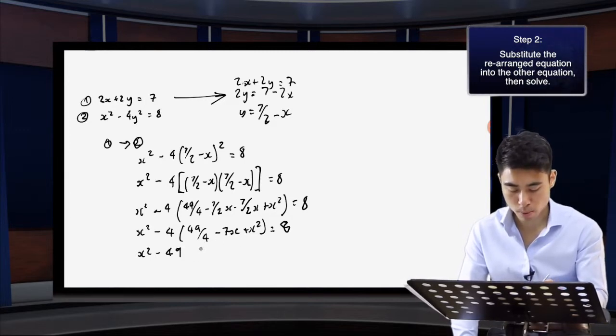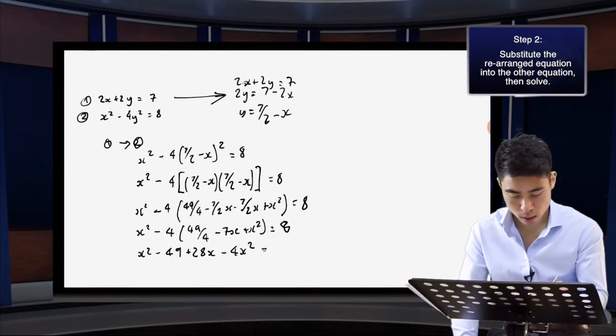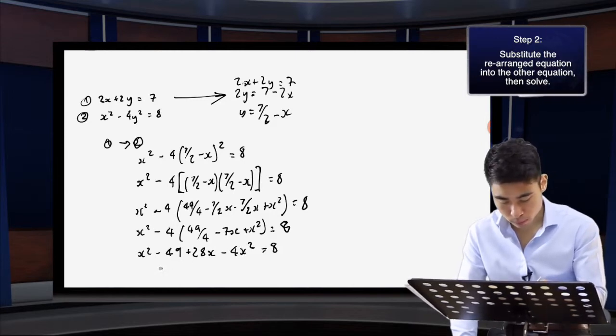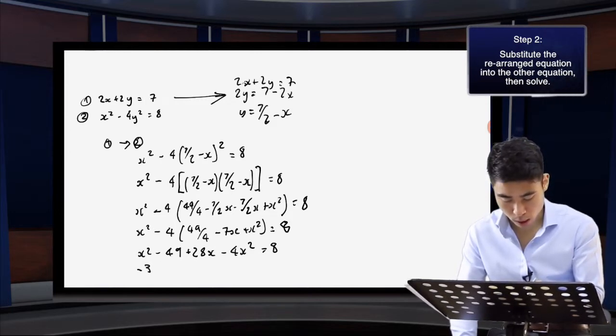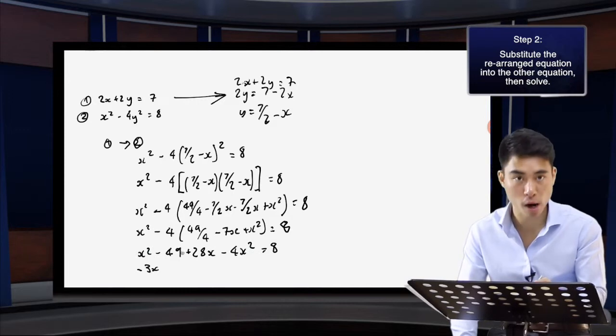Minus 4 times minus 7x leaves me with plus 28x. And now minus 4 times plus x squared leaves me minus 4x squared, is equal to 8. Now, continuing to work with this, collecting like terms together, I've got x squared minus 4x squared.